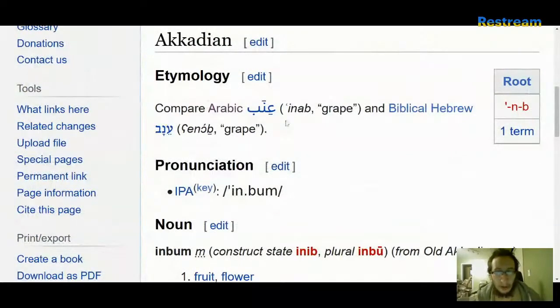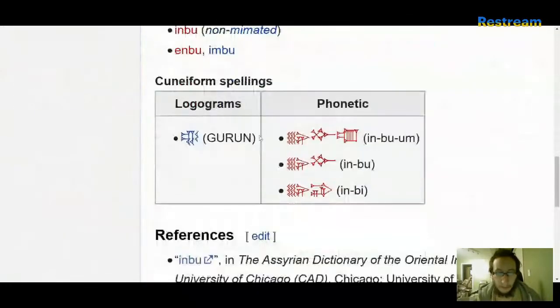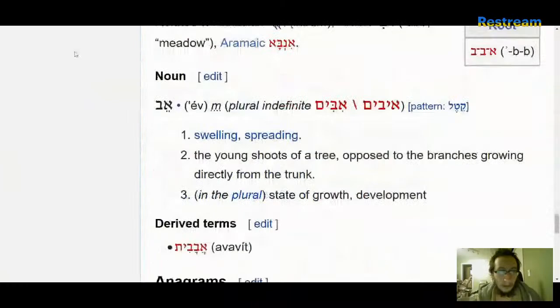The Arabic also we have. Oh, there's 2 different words. So Hebrew has grape and neb. So they're saying this could be compared. Okay. So anyway, with that said, I think that's it for what Wiktionary has. So now we're going to move on to Abad. Let's look at Abad.